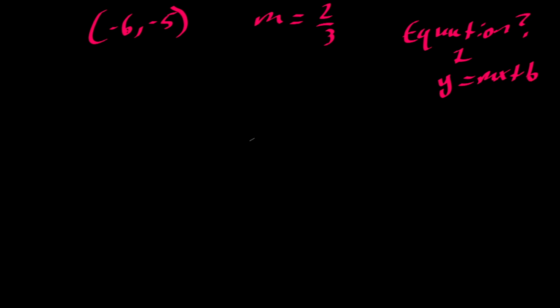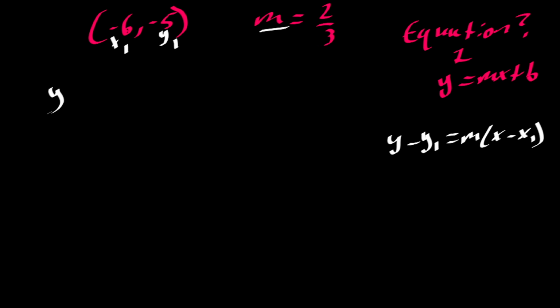My point slope formula is y minus y1 equals m times x minus x1. Here's x1, y1, and here's m, and we're just going to substitute. So y minus, now we're substituting in a -5, so hopefully you can see what happens there, but we'll fix it in a second.